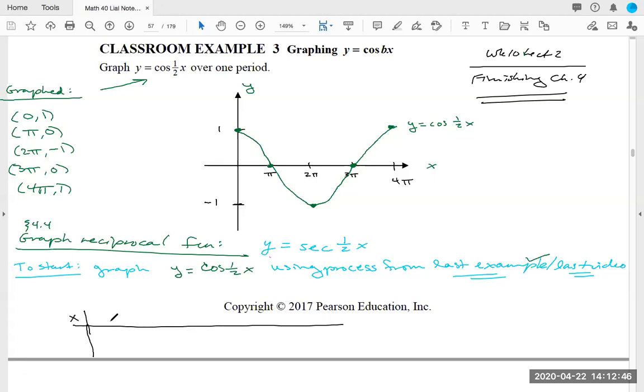My x values, and then I'm going to have the y values if I had cosine 1/2 x, and the y values if I have secant 1/2 x. The x values will be the same for both of those graphs.